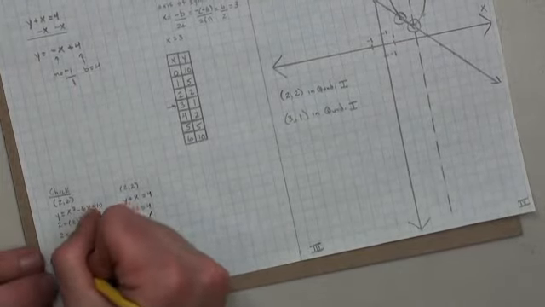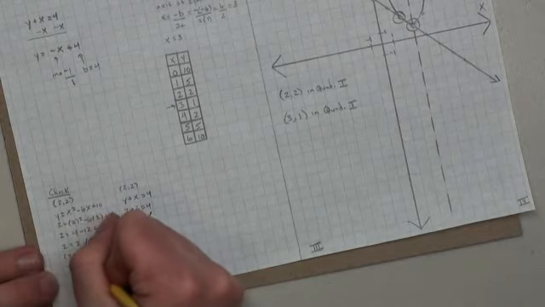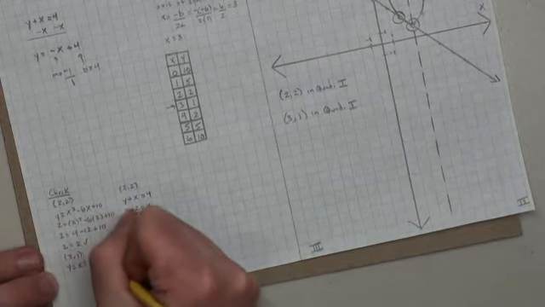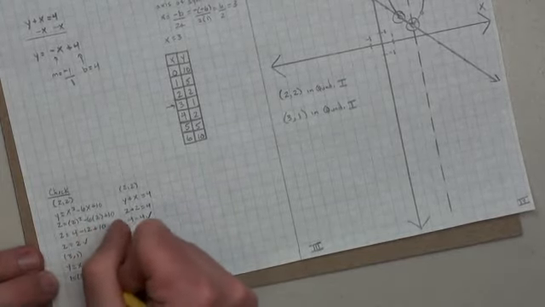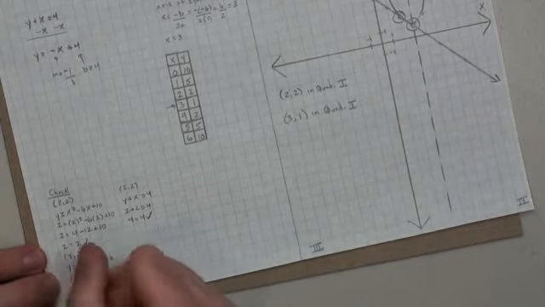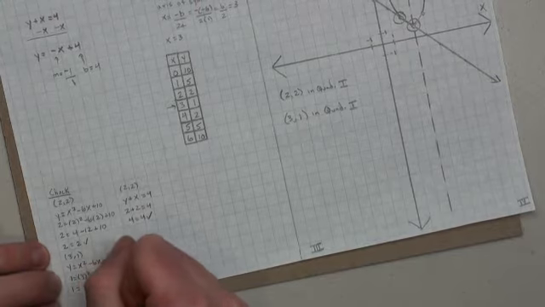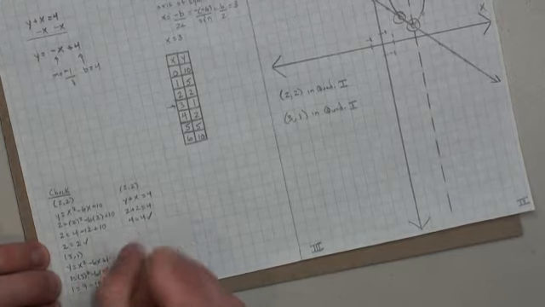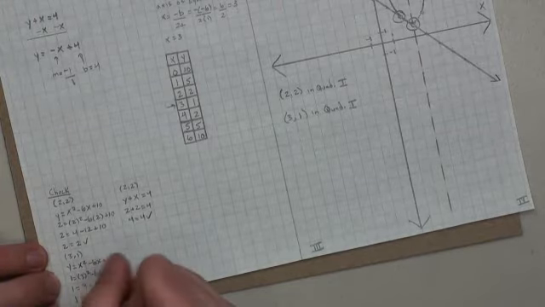Let's check 3, 1. Y equals x squared minus 6x plus 10. 1 equals 3 squared minus 6 times 3 plus 10. 1 equals 9 minus 18 plus 10. 1 equals 9 minus 18 is negative 9 plus 10 is 1.